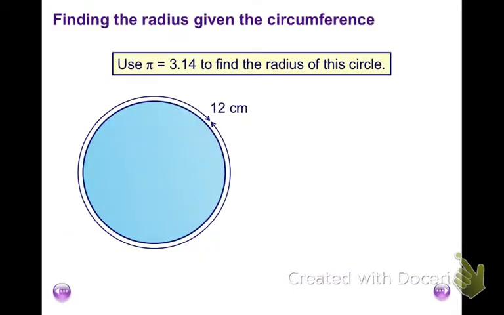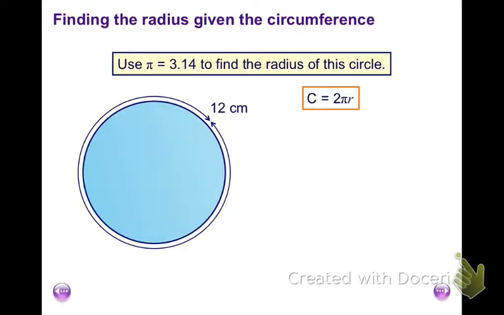What if they give us the circumference? So notice in this circle, the distance around the circle is 12 centimeters, but we need to know the radius. We can use this formula because it's the formula that relates the circumference and the radius, because it's 2 times pi times the radius is equal to the circumference, and then we can rearrange it so that we get the radius by itself, right?